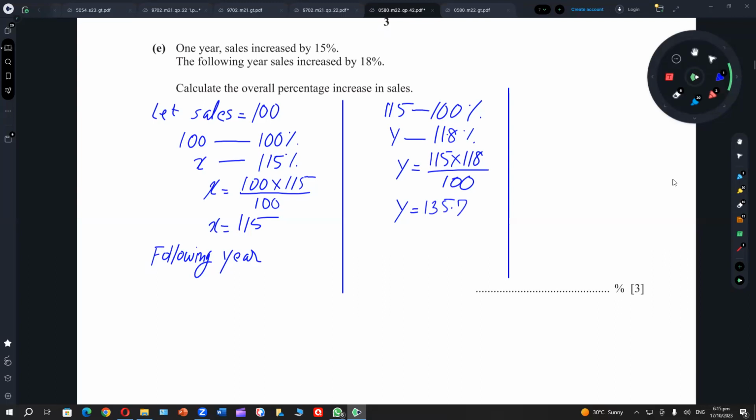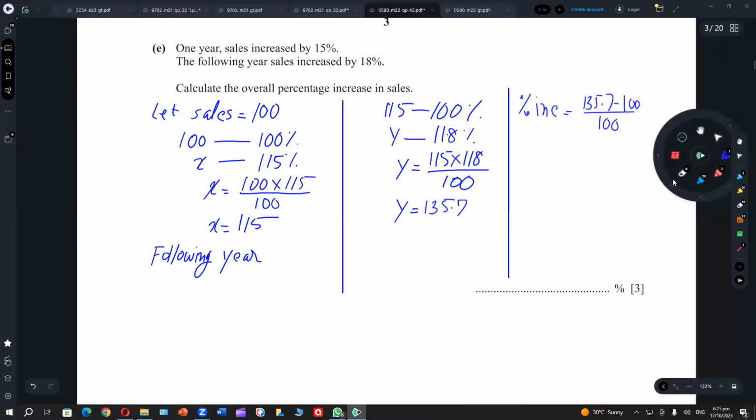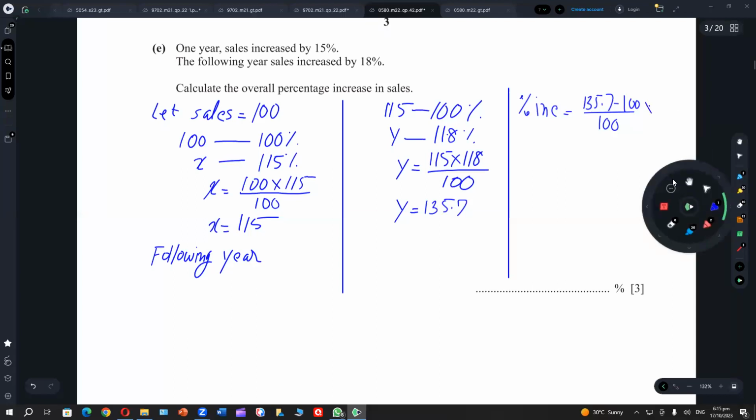So what is the percentage increase? 35.7.